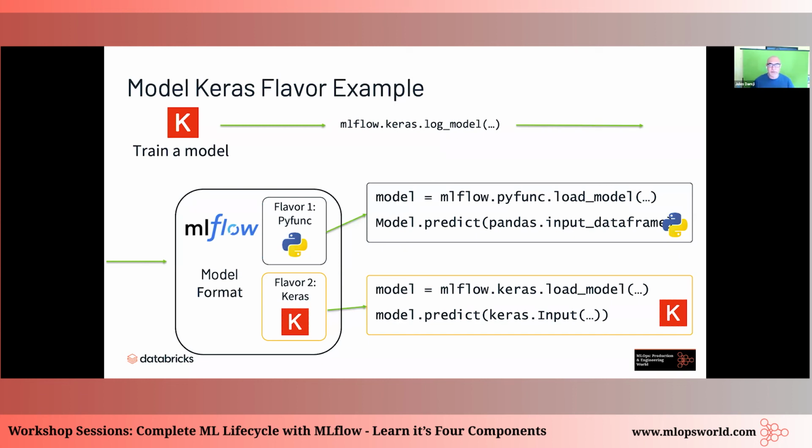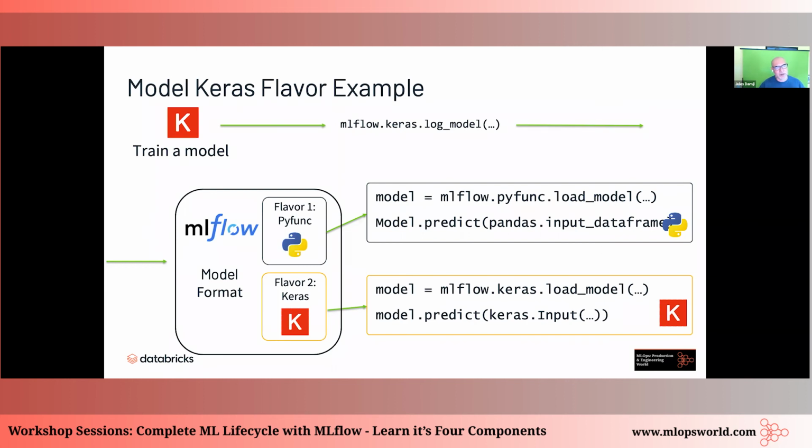Or you can use MLflow Keras load model, which is a wrapper around the native library that calls the predict function, and then you can send the input as tensors or whatever tensor file input that your model requires. So this gives you the flexibility to use this model in two flavors.